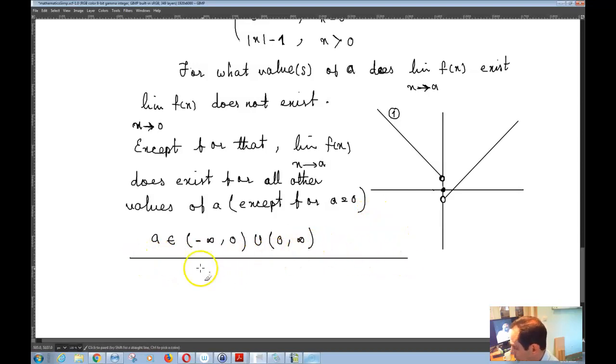What they have said is that the limit of f of x as x tends to a exists for all a not equal to 0. So basically it means the same thing, but in a much simpler way.